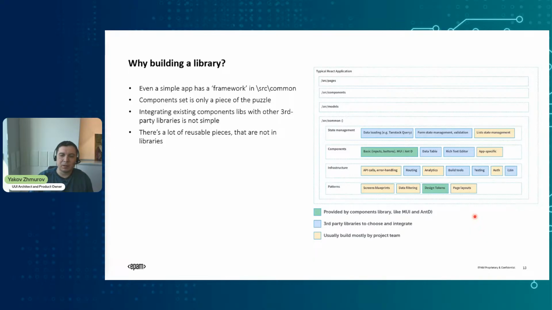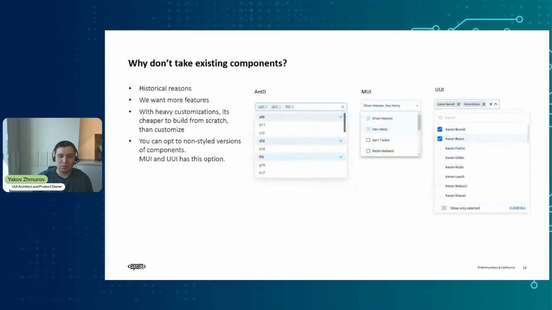The question was never whether or not to have a library, but what parts to build ourselves versus what to take off the shelf. And yes, UUI includes its own component implementations, which do not rely on any third-party library.